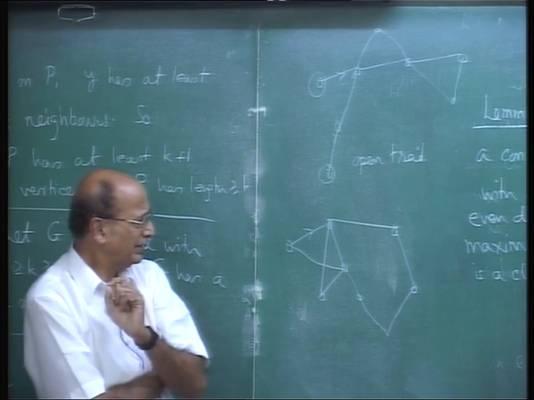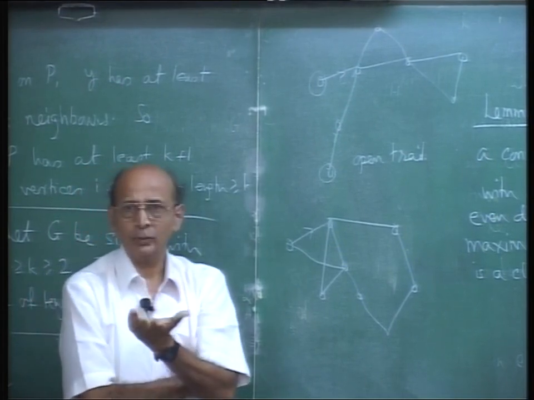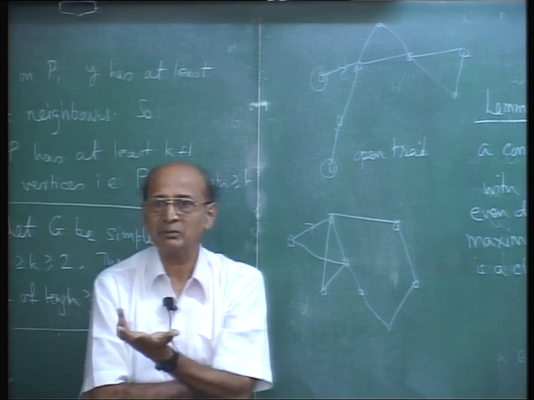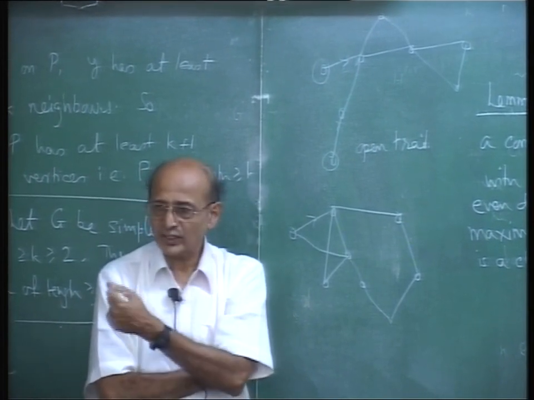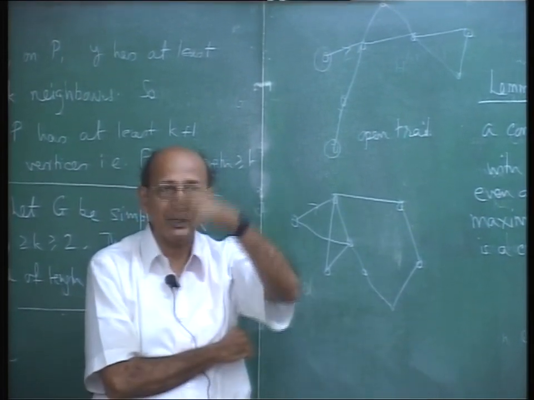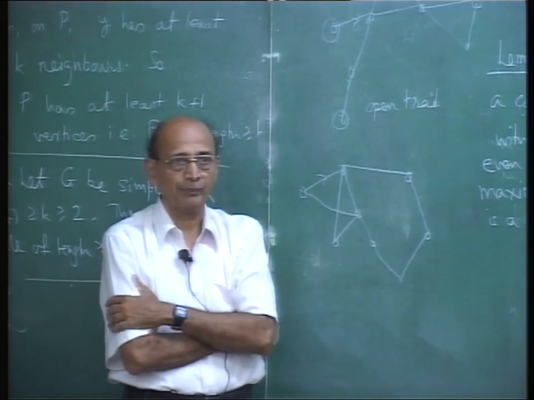The point is, if a trail is not closed, then it is open. There can be only two possibilities. A closed trail is one that starts at a vertex and comes back to the same vertex.